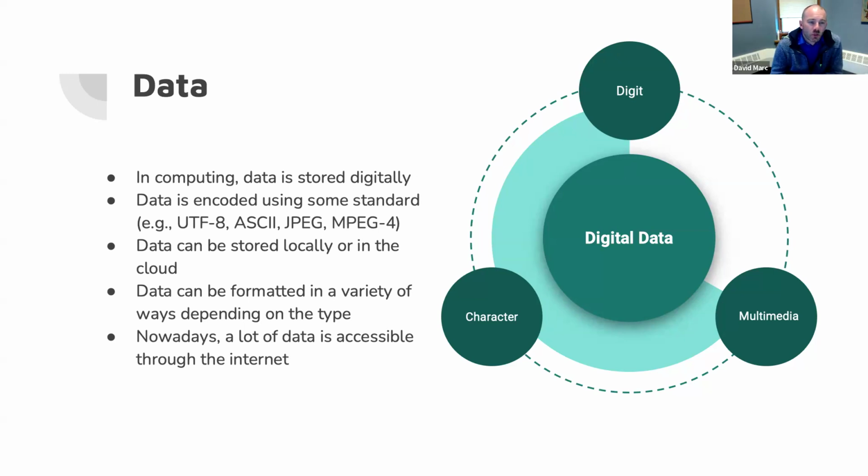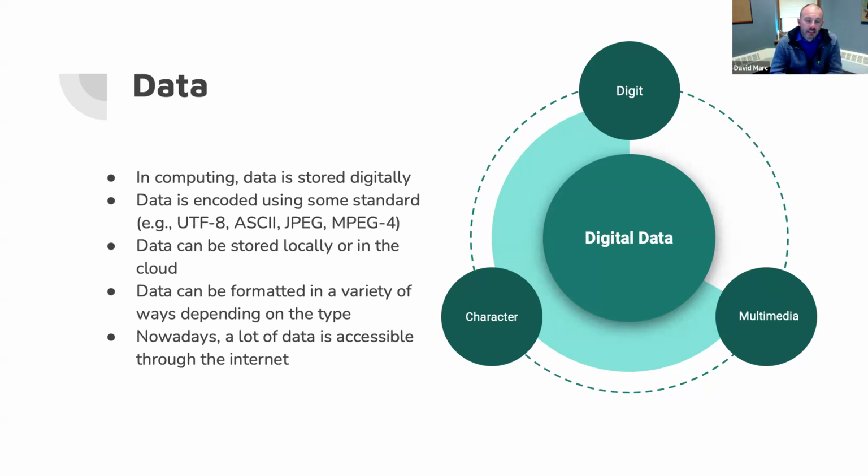And data can be stored locally, on your computer, on your hard drive, or it can be in the cloud, where it's stored on servers managed by organizations that house the data, often in server farms that are located really anywhere in the world.